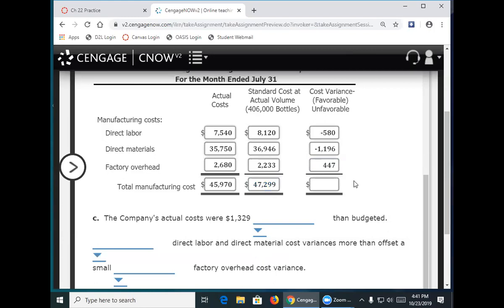Okay. So I could just take my actual minus my standard. Probably the easiest anyway. And you should get a favorable minus 1,329. So that favorable variance of 1,329. And again, favorable variances are going to show us a negative because they're being credited when we actually journalize them.